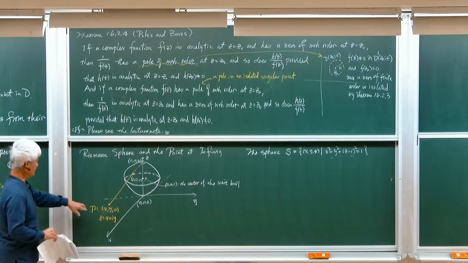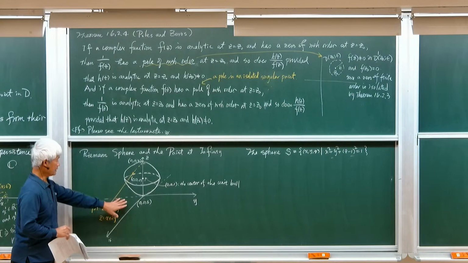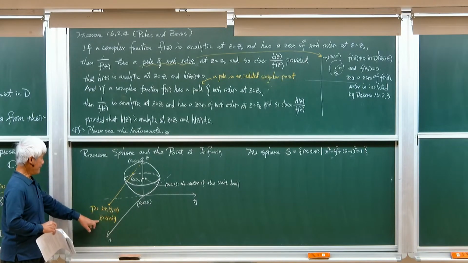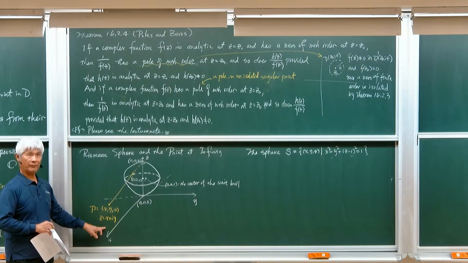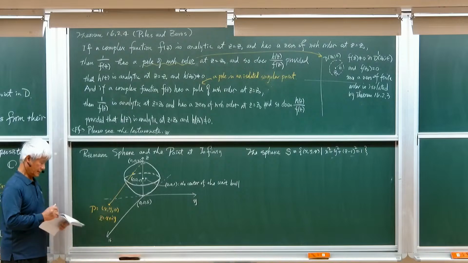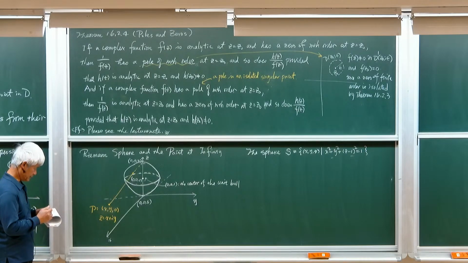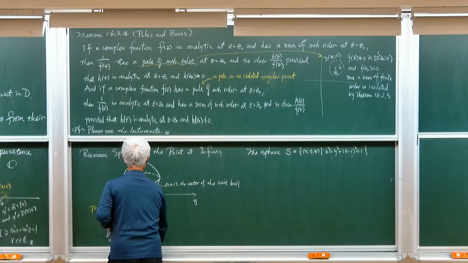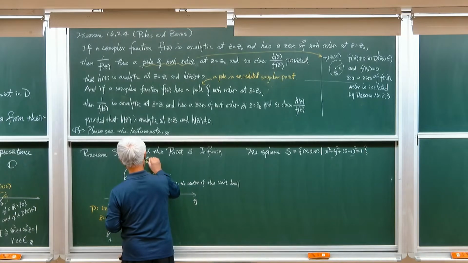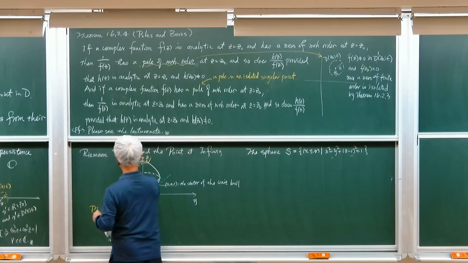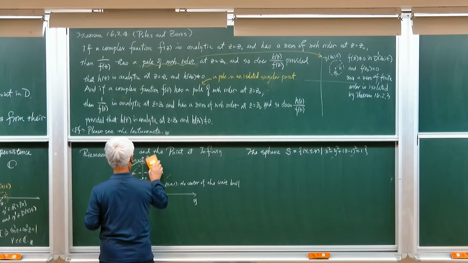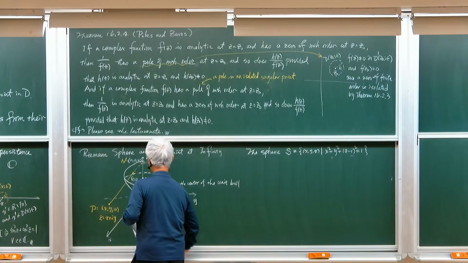A point on the xy plane whose coordinate is x, y, 0 corresponds to a complex number z equal to x plus iy. And we denote the north pole by N, so N is just 0, 0, 2.